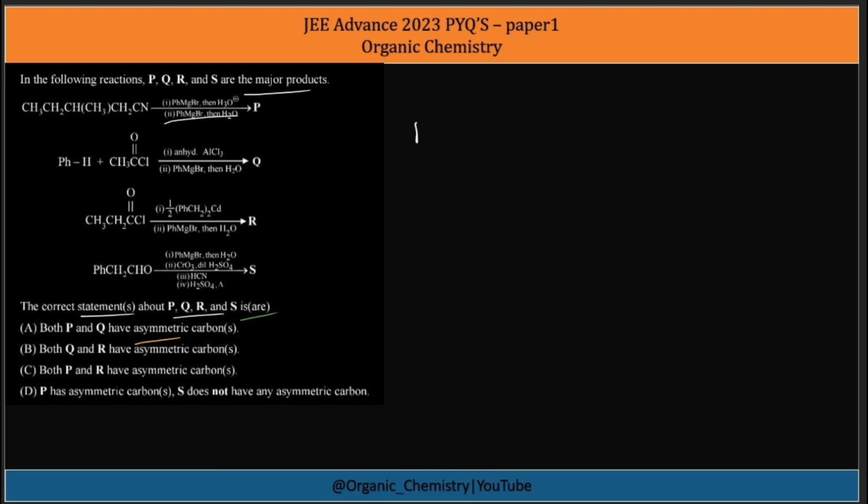They have given this benzene. PhH means it is benzene only, and as we know, this is Friedel-Crafts acylation, in the presence of anhydrous AlCl3. All right. This is Friedel-Crafts acylation.